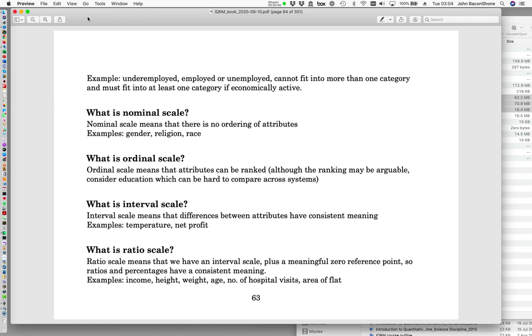Okay, so the next level up in our hierarchy is ordinal scale. Ordinal scale means that the attributes can be ranked, although sometimes the ranking can be arguable. So for example, education, it can sometimes be a little bit arguable how we compare education across systems.